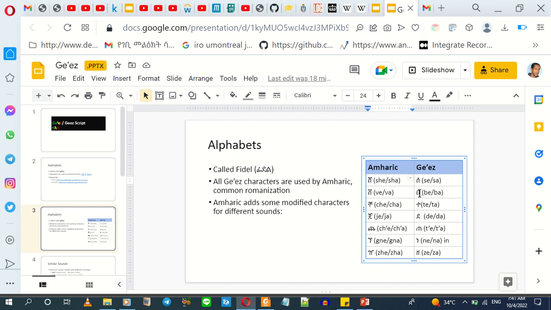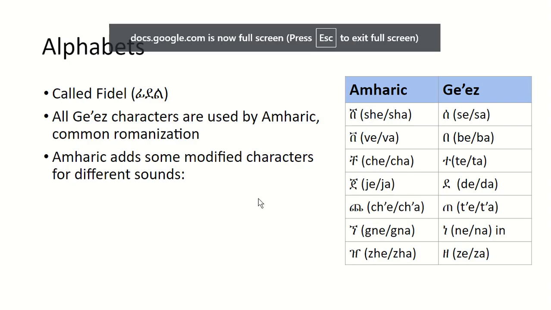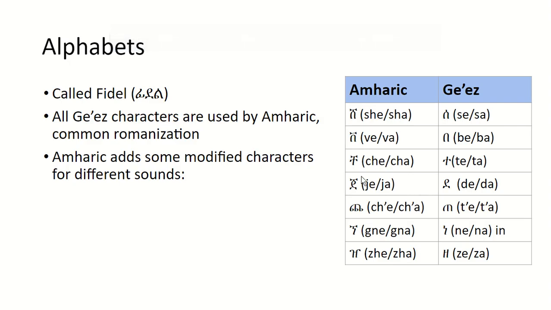So this is ba, for example. Ba exists in both Ge'ez and Amharic, and this is an Amharic sound only. This is ta, and this is che. This is de, and this is je, a modified character for the Amharic sound.